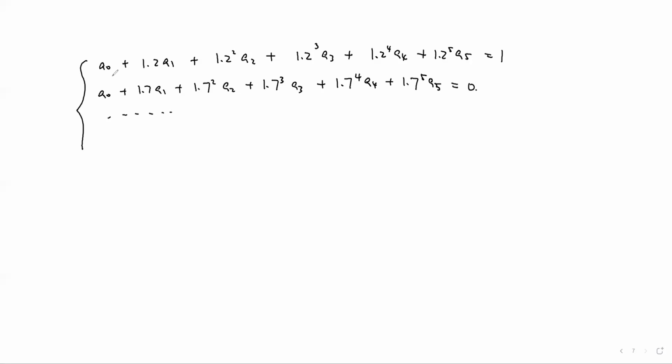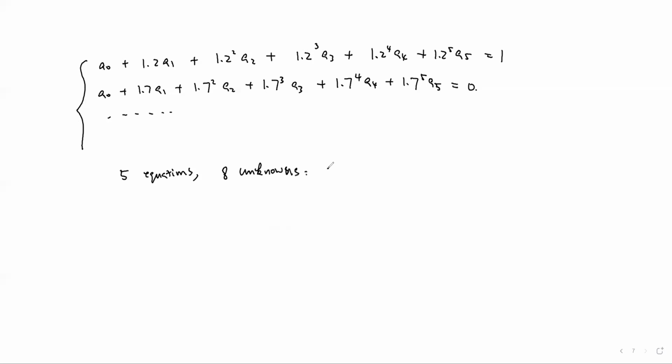So 5 conditions lead to 5 equations. How many unknowns? 8 unknowns.